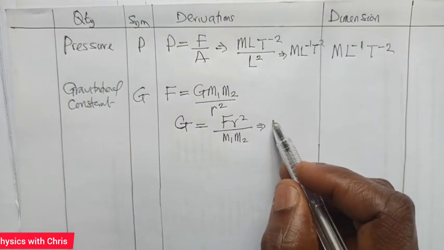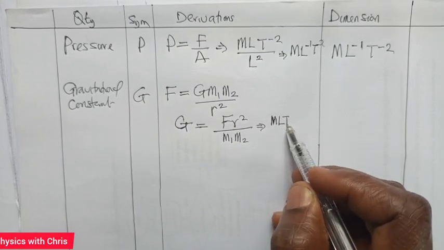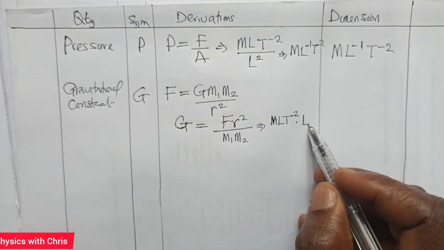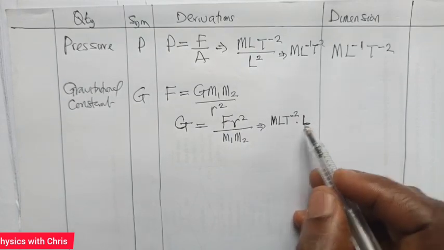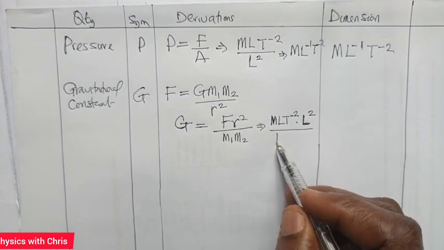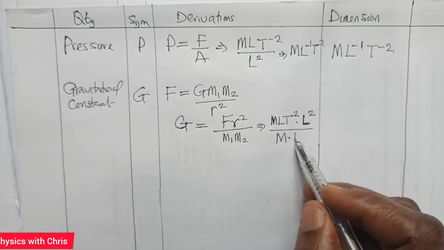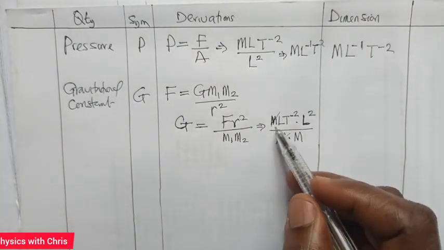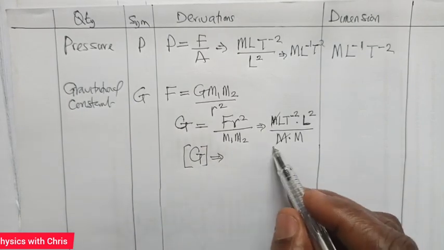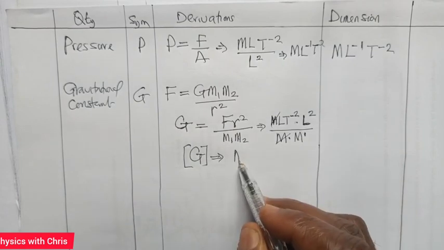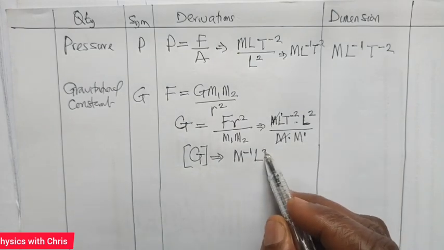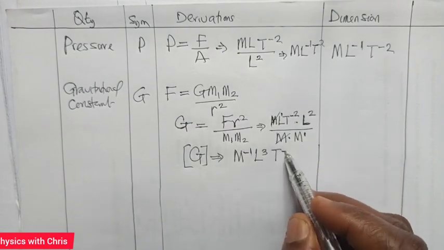So from here you can find the dimension of the universal gravitational constant. The dimension of force is MLT^-2, multiplied by the dimension of r, which stands for distance. We use our usual letter L for the dimension of distance, and since it is squared, we apply the square to L, over the dimension of mass, which is M, and the dimension of the second mass, which is M. So I'm having a product of two masses, and this M cancels out this M. The dimension of G will be given as M^-1, since it is taken down. L^1 multiplied by L^2 gives L^3, then times T^-2.